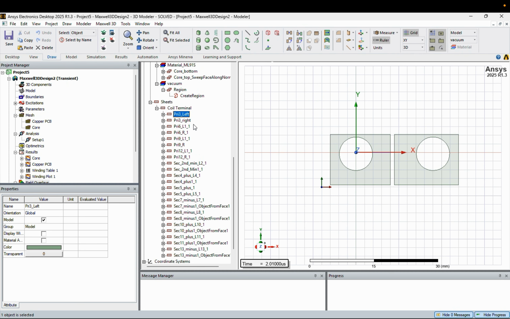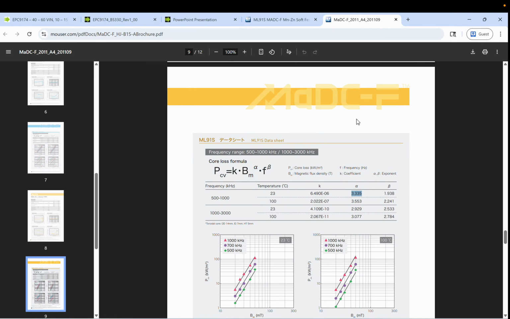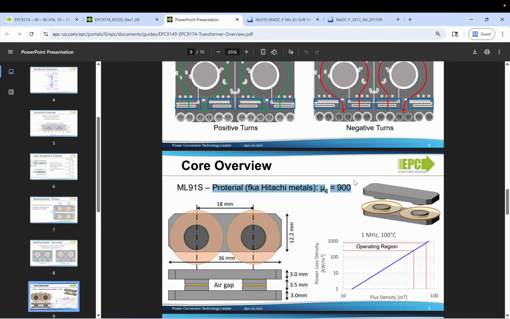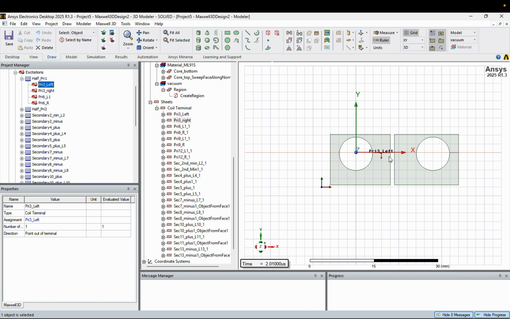Left coil terminal, right coil terminal, and under the excitation, left, I just modeled this current direction exactly as shown here in the presentation, where the winding direction is. This is going down, this is going up. I modeled it exactly like that. Right, if you see, it's going up.